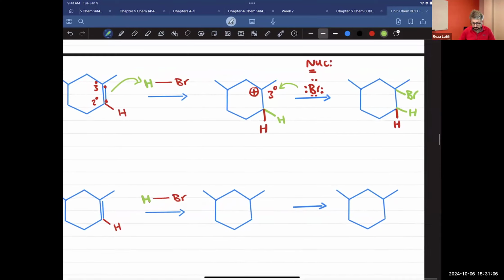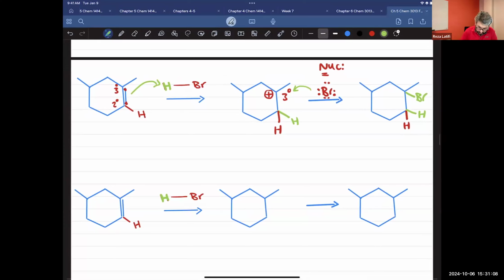Or let's go with this. Again, we have a double bond. That double bond is going to go after hydrogen. We'll take H+ from HBr, and this time we're going to add the H to the tertiary carbon. Now that carbon has an octet.